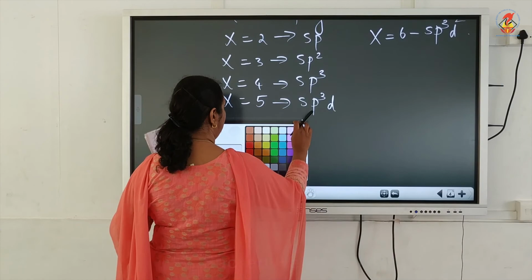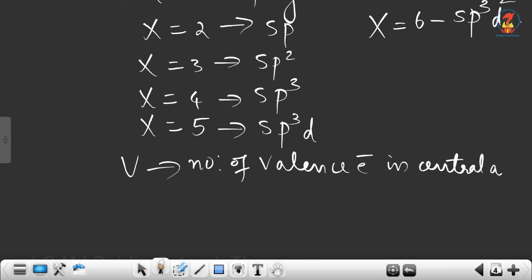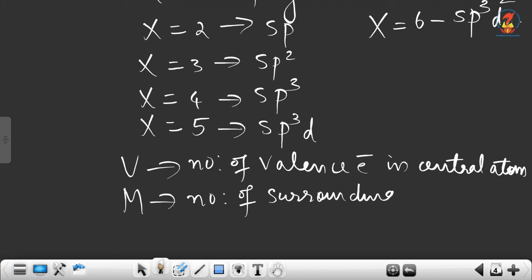Capital V represents the number of valence electrons in the central atom. Capital M represents the number of surrounding monovalent atoms.